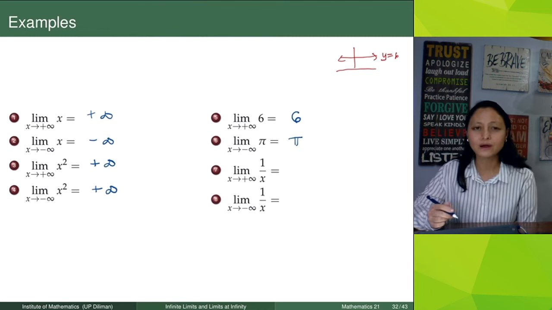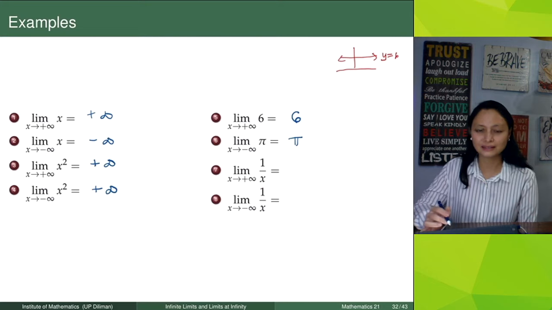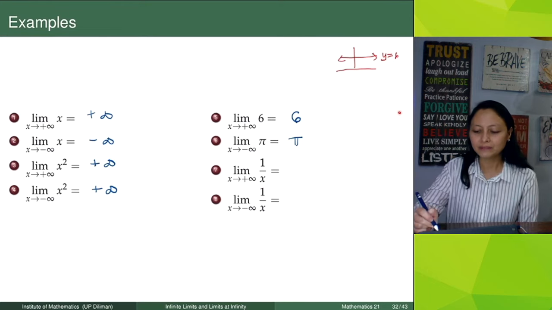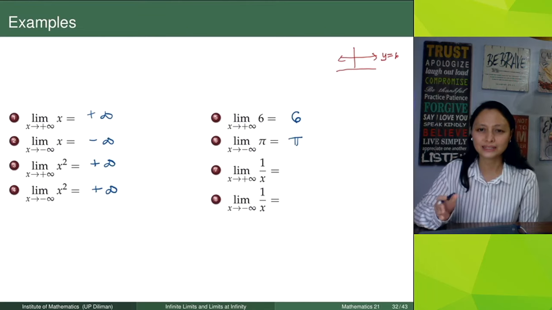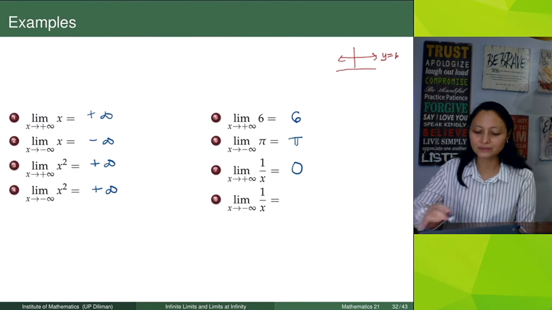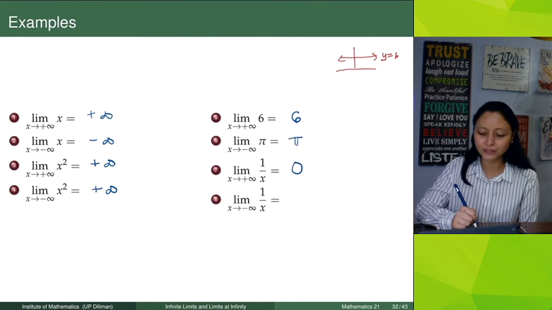The limit of 1 over x as x approaches infinity, yan. So, kanina, di ba, pag meron kayong constant over 0, infinity yon. Ito naman, pag meron kayong 1 over infinity, dinivide nyo ang 1 sa napakalaking number. So, that will be equal to 0. Ganun din, the limit of 1 over x as x approaches negative infinity is also 0.